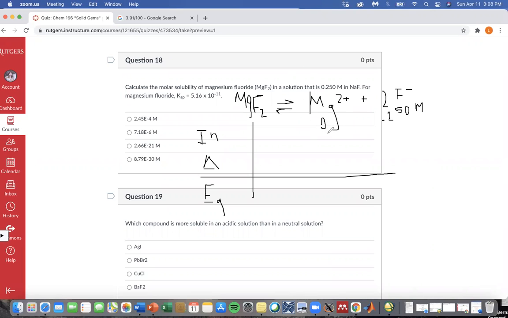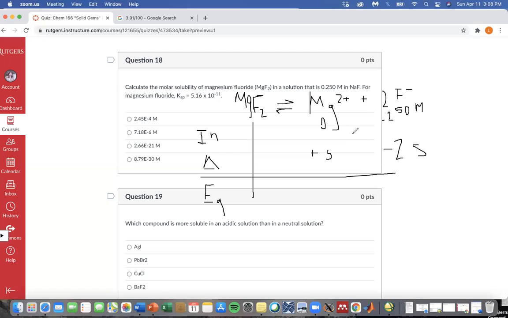And so we have to figure out how the S value is going to change depending on there already being some F- in the solution. If you add S to the Mg2+, because there's only one of those, you have to subtract 2S from the F-, because we already have some F- present in the solution.